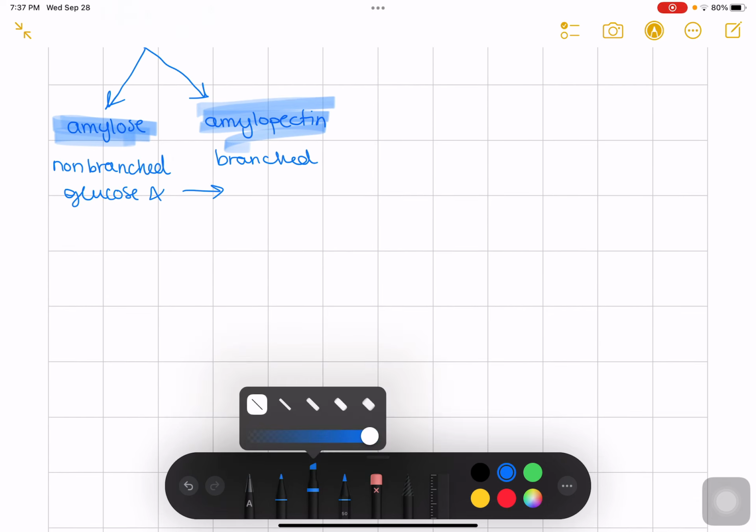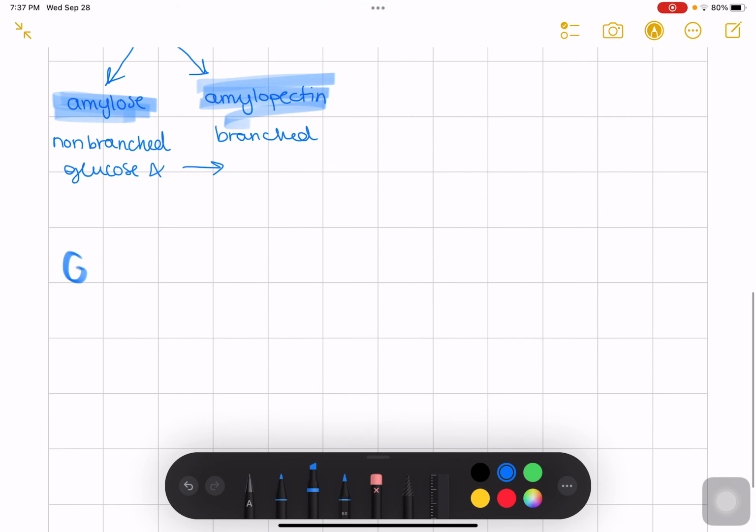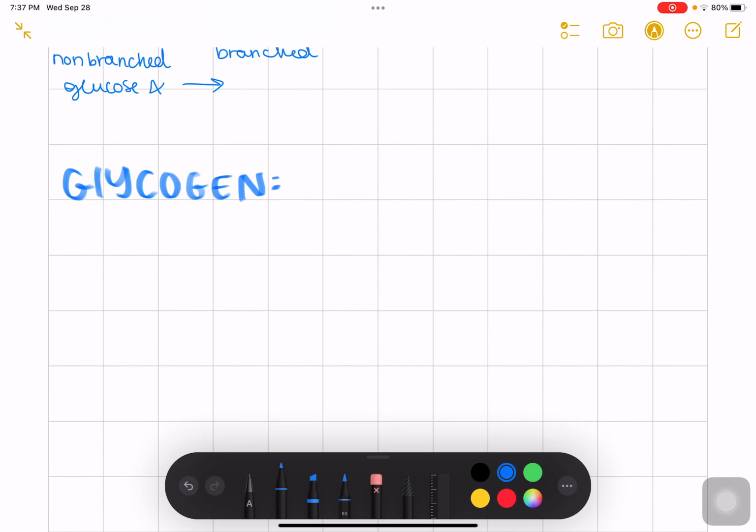Now, moving on to what's next, we have glycogen. So most likely, your teacher is going to ask you to name some common similarities and differences between the carbohydrates.